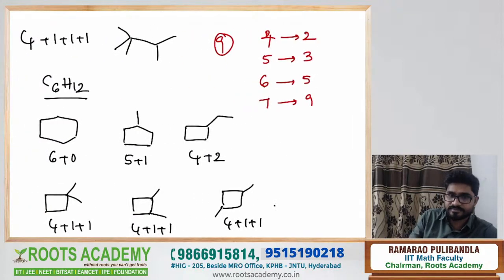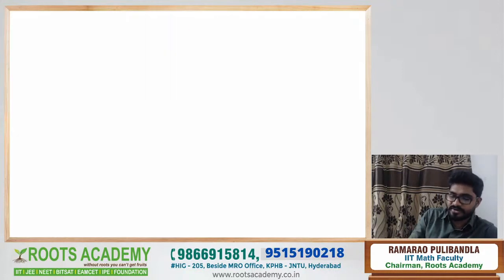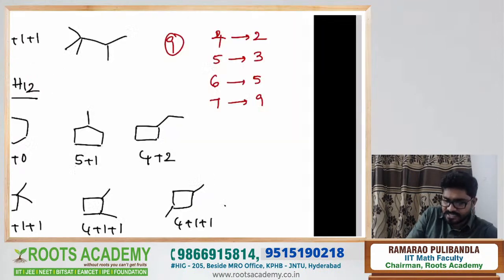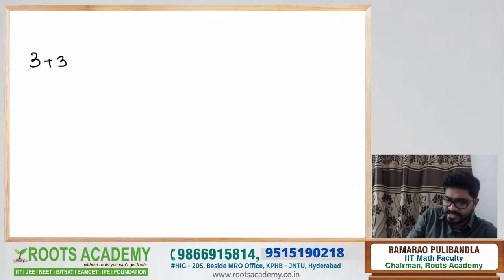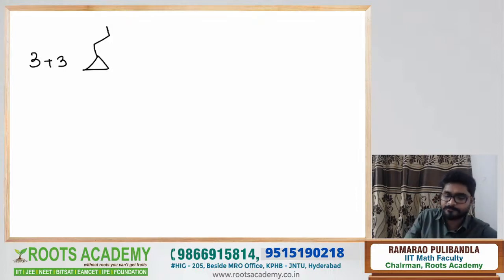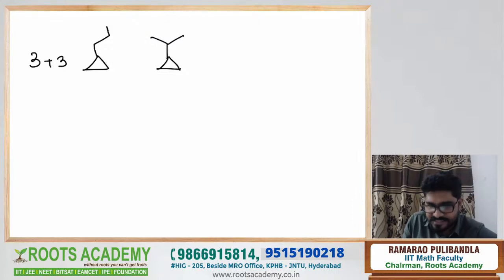Your understanding? Yeah, come to the three-membered ring. So 3 plus 3 possibility, I'm taking a three-membered ring and 3 carbon atoms as a substituent. And we can also take this one apart from that. 3 plus 3.